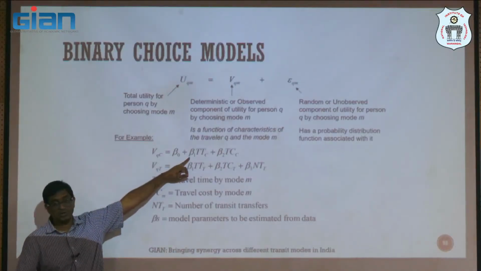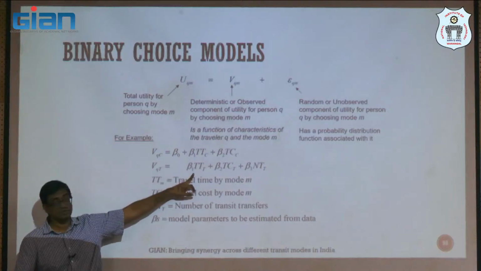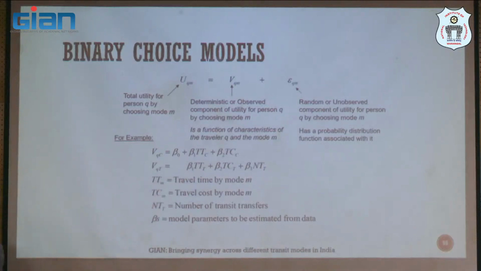If you use a separate coefficient for car and a separate coefficient for transit, you are implicitly saying travel time is perceived differently in different modes. That might be the case, but still, you cannot get a good mechanism for the interaction between the different modes.